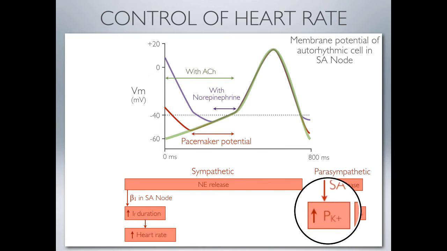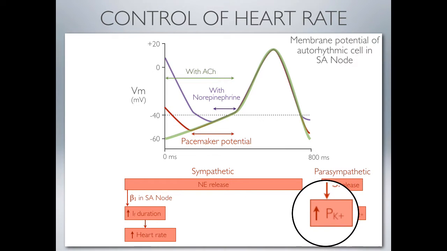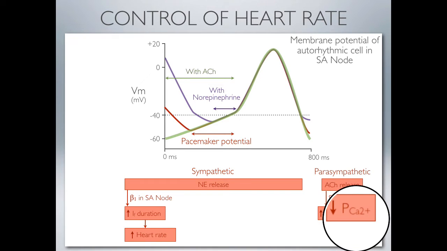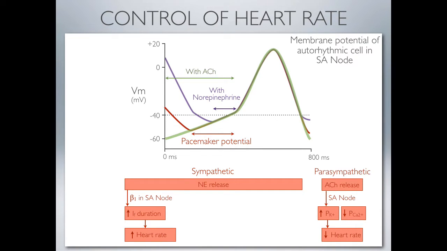So it's consistent that you would have an increase in the permeability to potassium, and also a depression in the permeability of that cell membrane to calcium. Calcium, again, behaves like sodium. Together, as a consequence of hyperpolarizing during the pacemaker potential, you get this reduction in the heart rate.